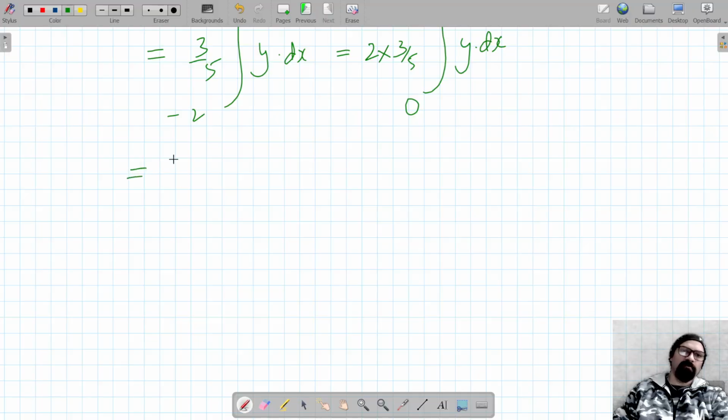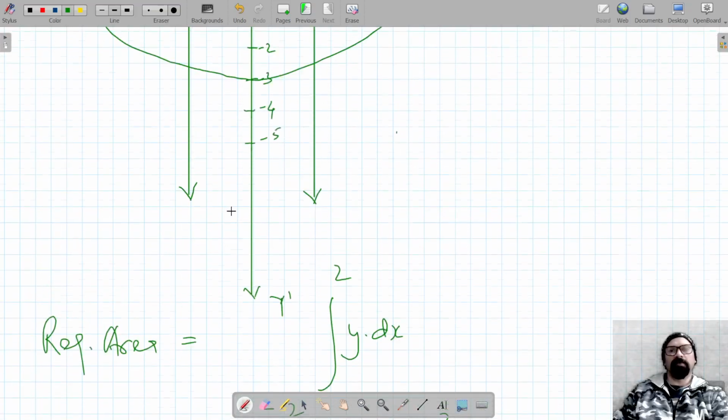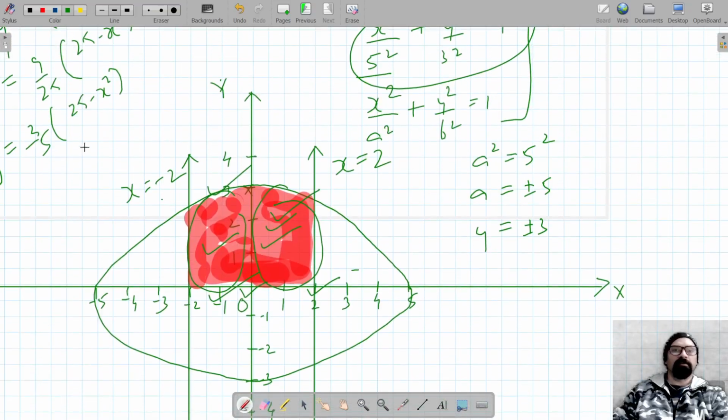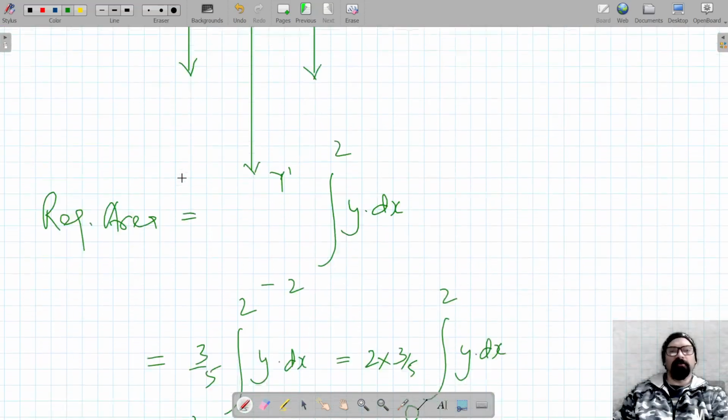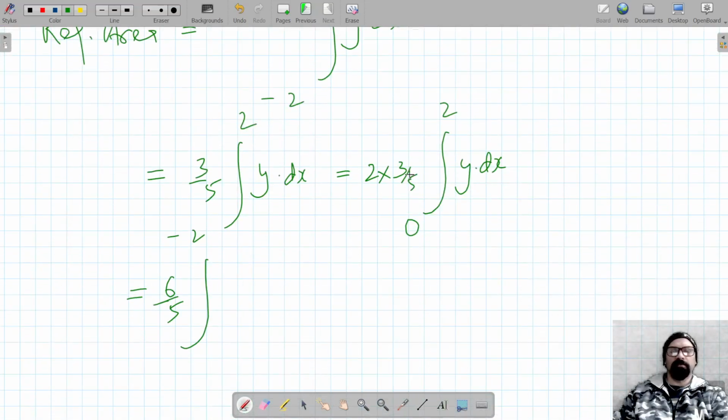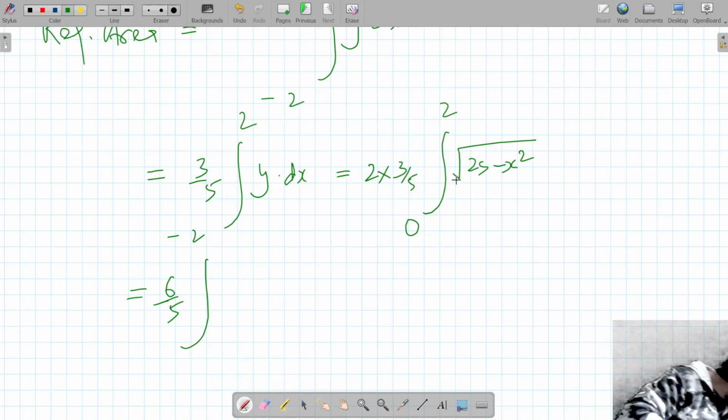So this is now 6/5, and let's put in the value of y, which was the square root of 25 - x².